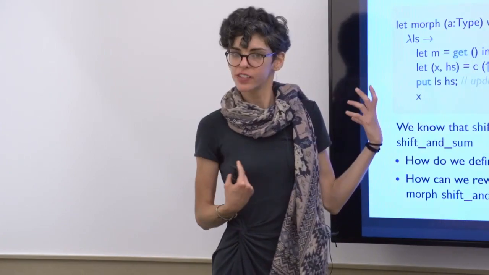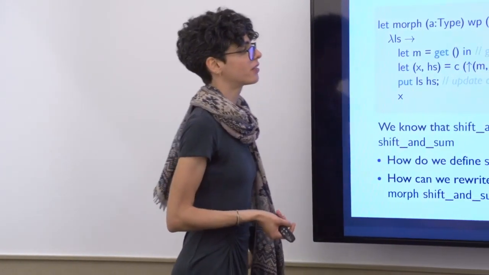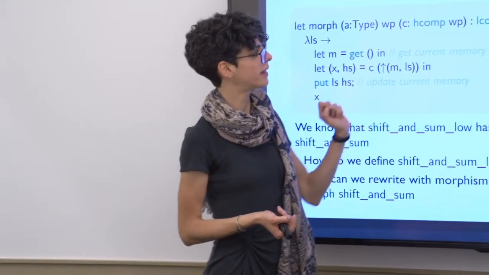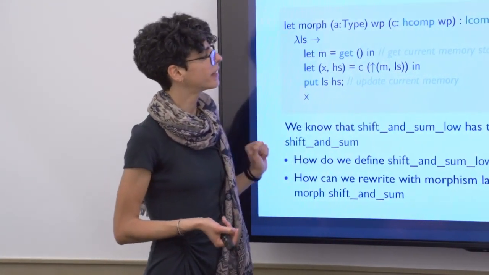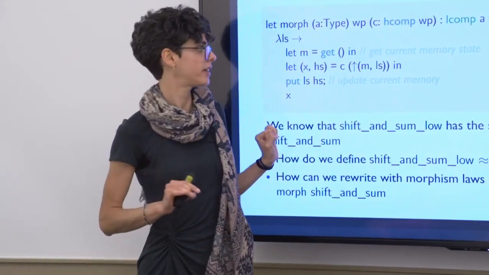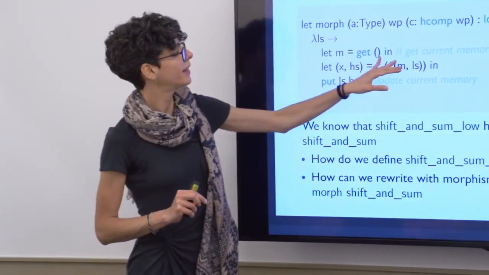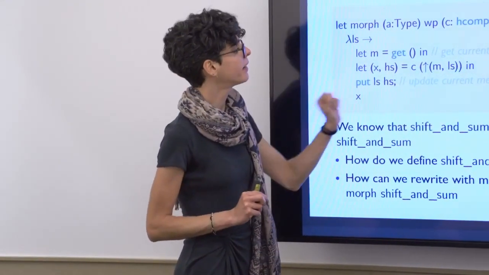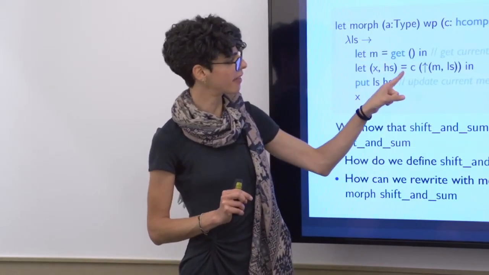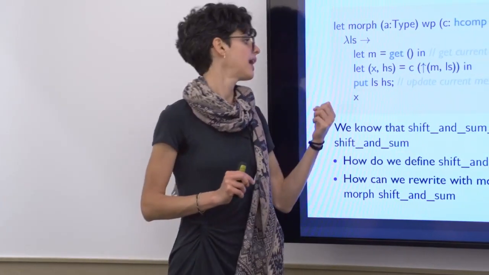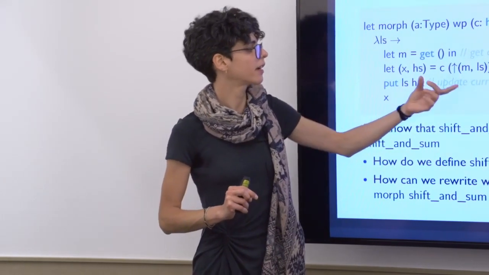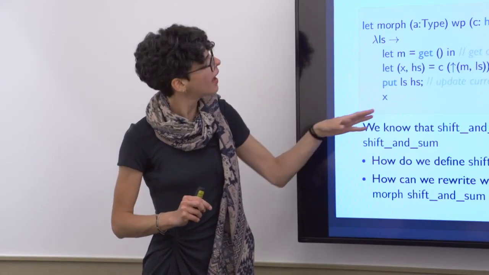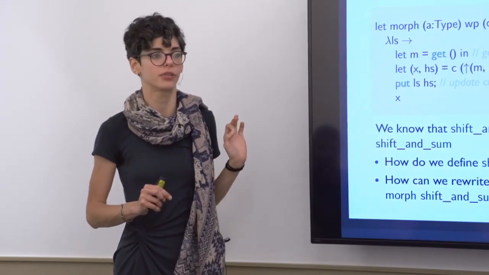We can write a morphism from high computation to low computation as follows. Assume that we have a high computation indexed by weakest precondition. Then we can trivially turn this into a low computation by saying: get the current memory state, which F star allows us to do, turn it into a high-level state and run the computation C. Get the result, then update the current memory with what we got as a result from the high-level computation, and also return the result of the computation.